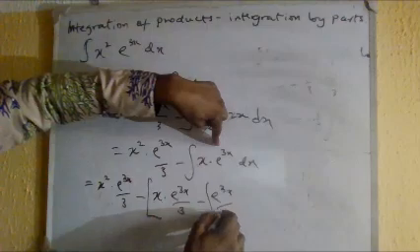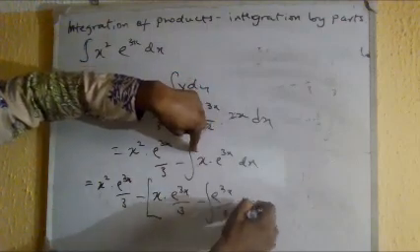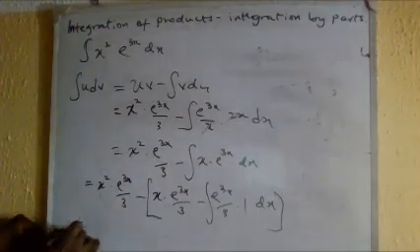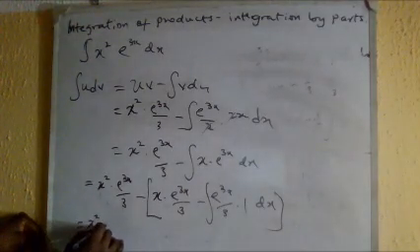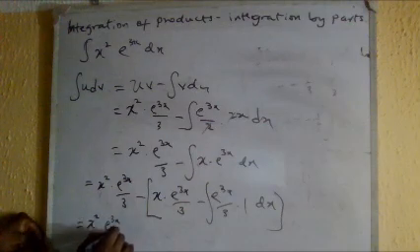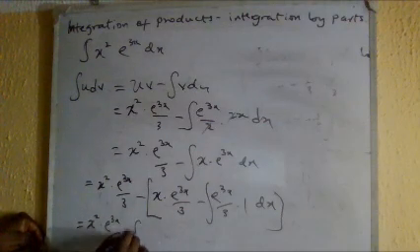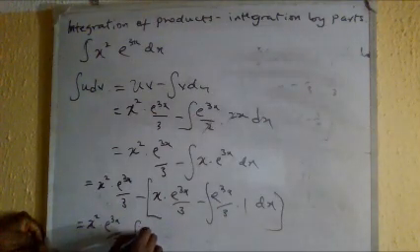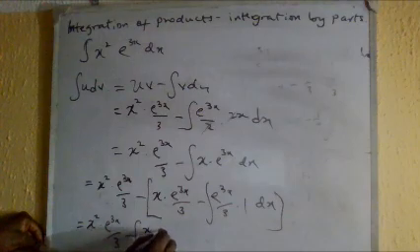So you see how I'm doing it. x squared dot e to the 3x over 3 minus, then this one is the same thing as saying x over 3 e exponential 3x minus. So this one now is 1. I don't have a product of two functions here.